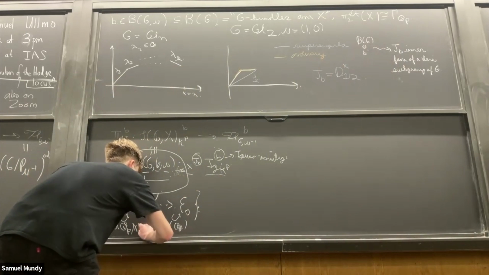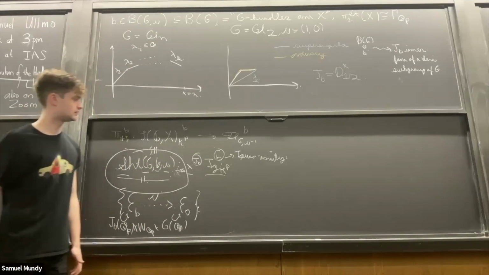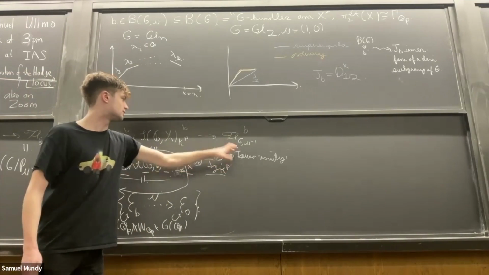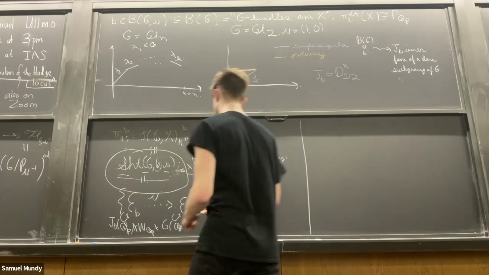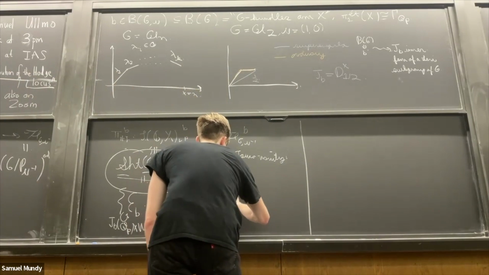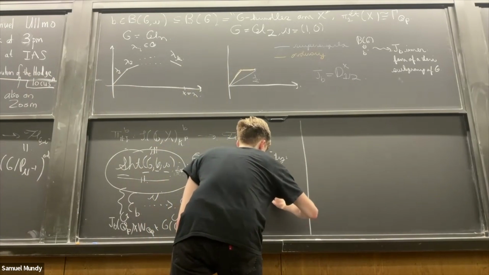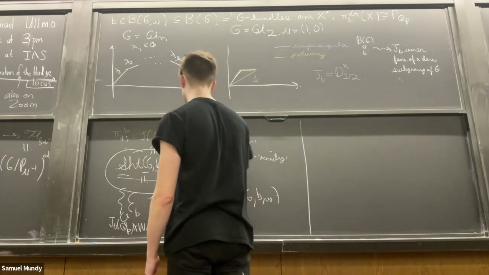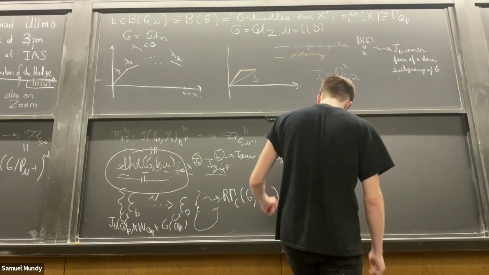And so it also has an action by the Weil group of Q_p. And similarly, this thing also has an action by this J_b. And so attached to this, you can define some complex, which I'll denote RΓ_c(G, b, mu). And then it also carries an action of all of these groups.